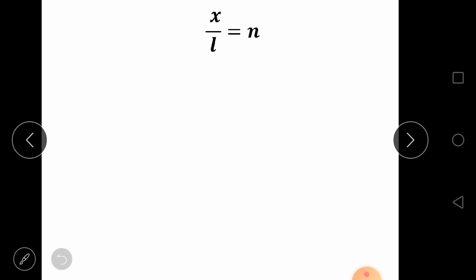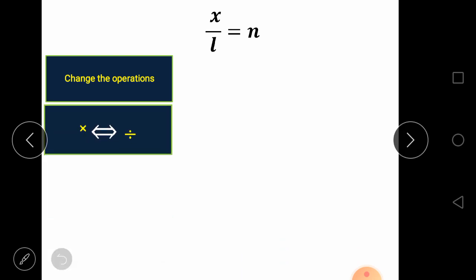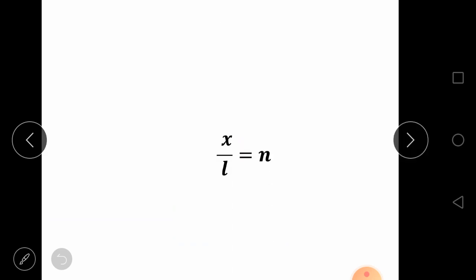Next we have x divided by L equals n. So the operation should be changed. The operation here is division. So here we have x times L over L equals n times L. So we multiply both sides by L to get L cancelled with L, and then we are left with x equals n times L. Okay, now let's have another example, which is x divided by L equals n.